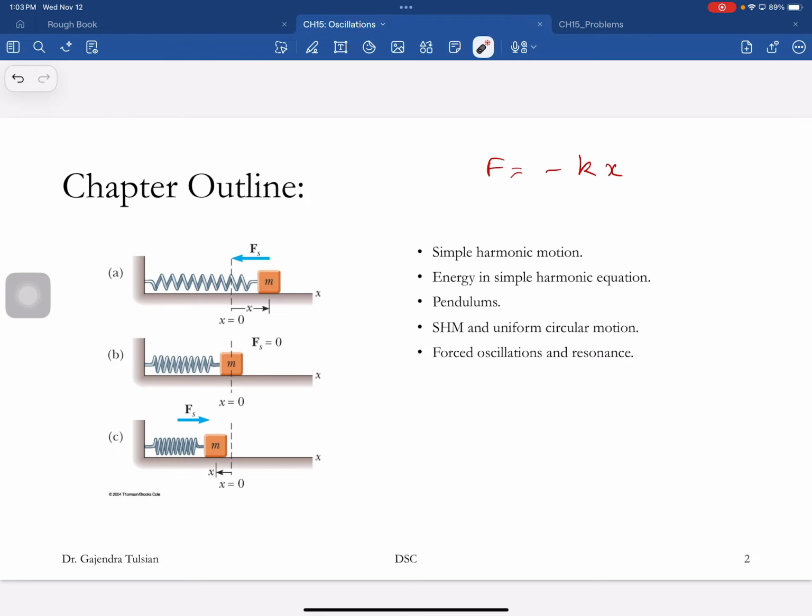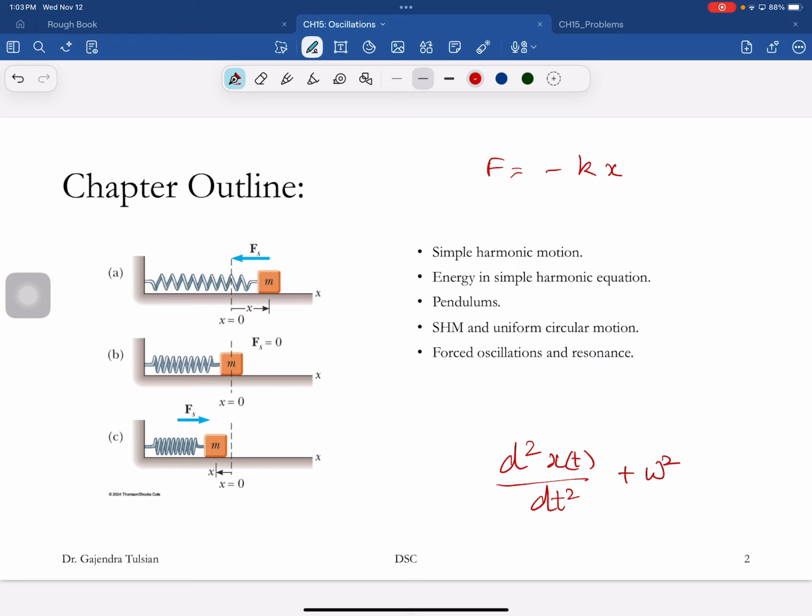You'll be amazed to see that this differential equation describes this system.